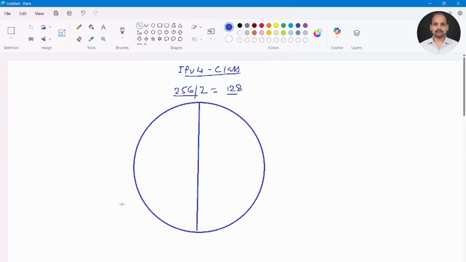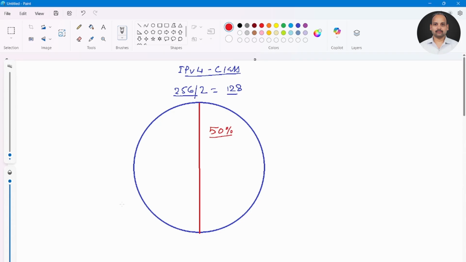So here I am writing 50%. The 50% value is 128, and because I am starting from 0, the range will be 0 to 127.